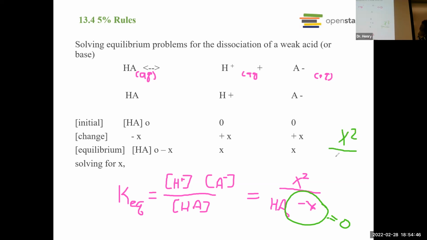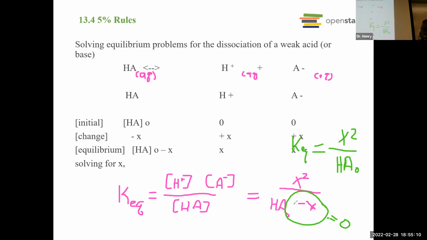X squared over HA naught equals K EQ. Yes.